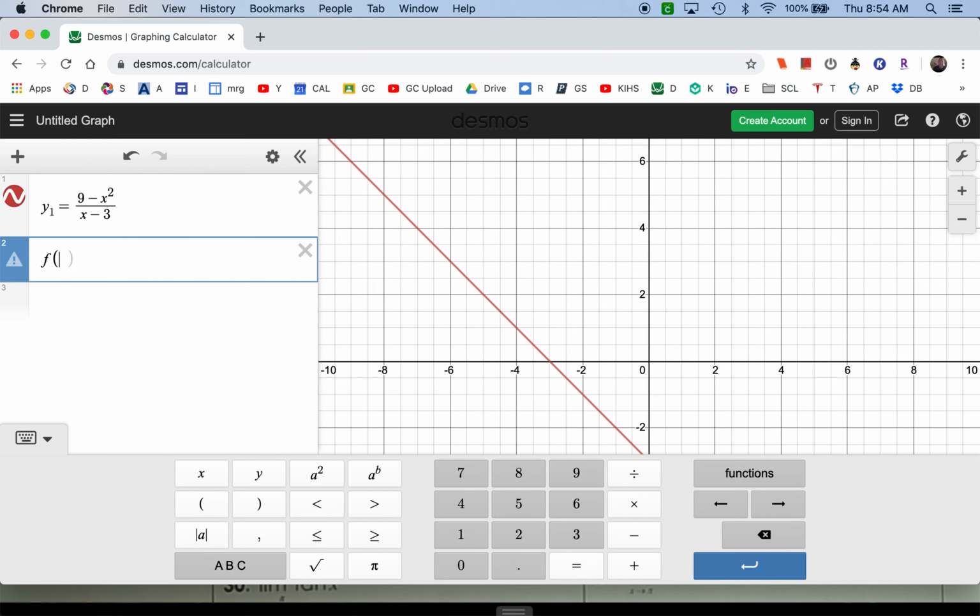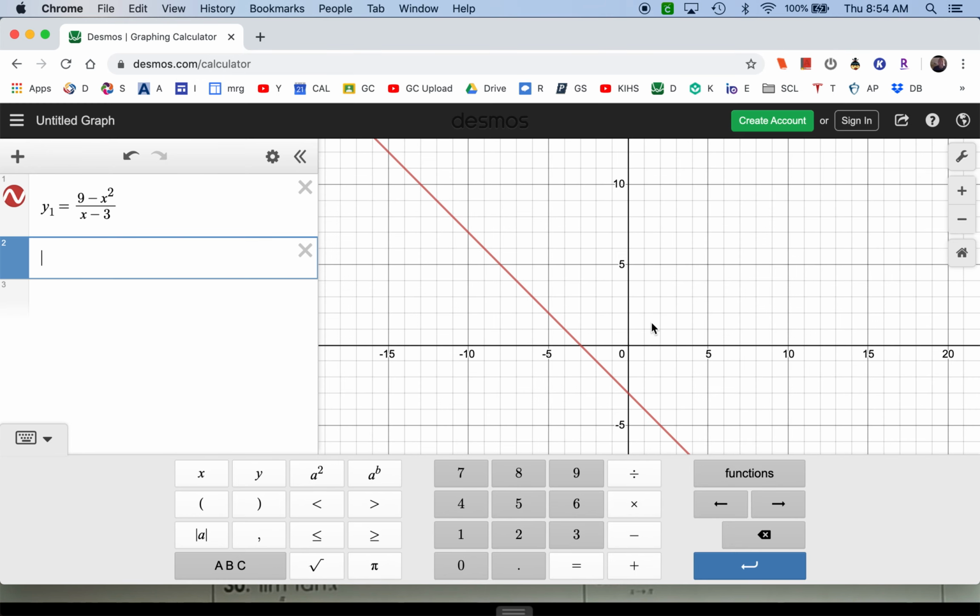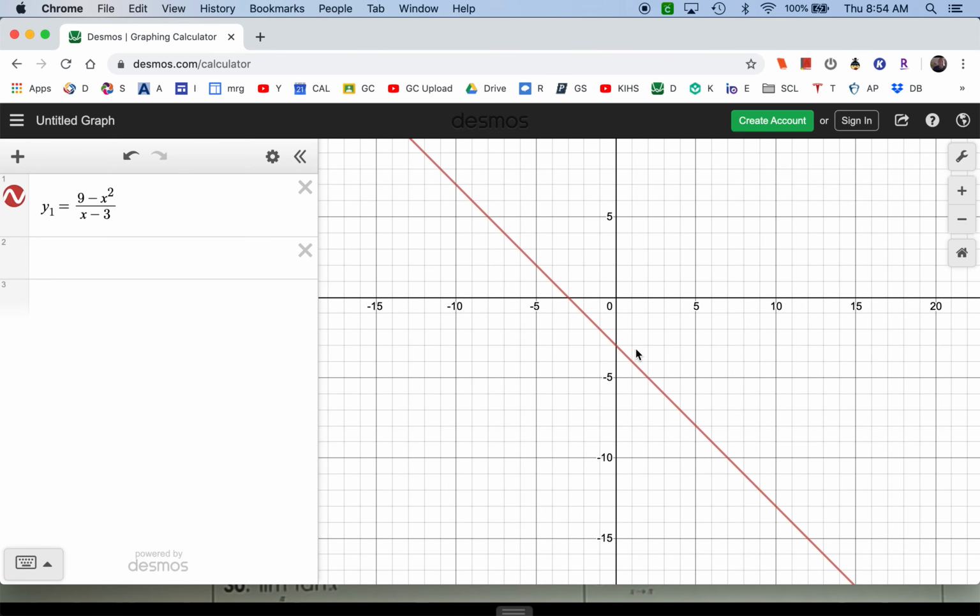So first of all, at 3, there's not going to be an answer. But I can get a sense of it here off the graph. As I'm approaching 3, I can see that at 3, it's undefined. In fact, you can see a cute little hole on Desmos if you're accurate enough. And then before and after, what the answer is.